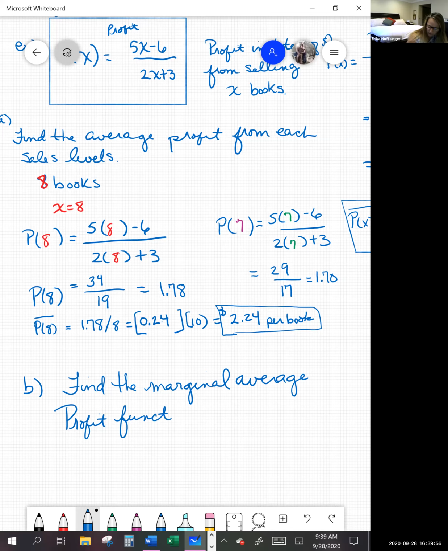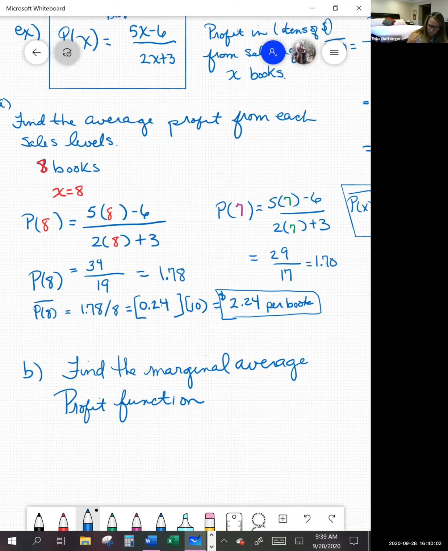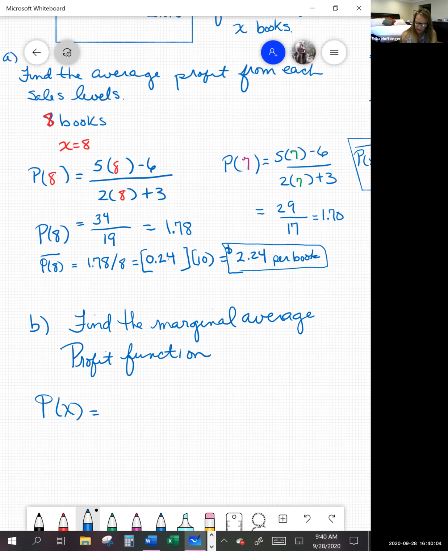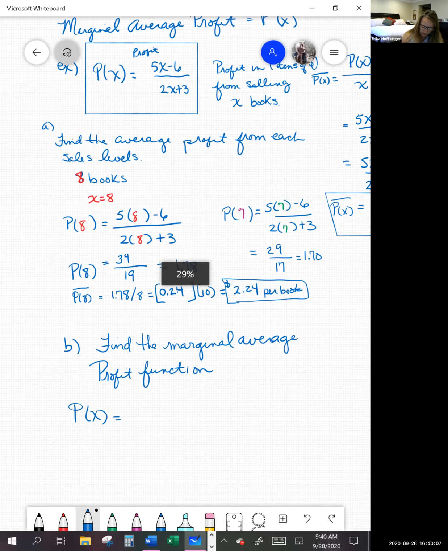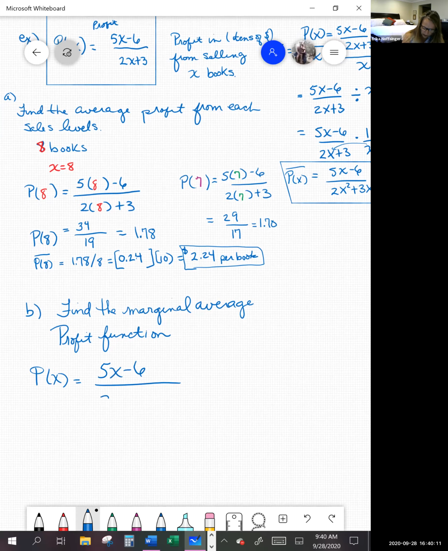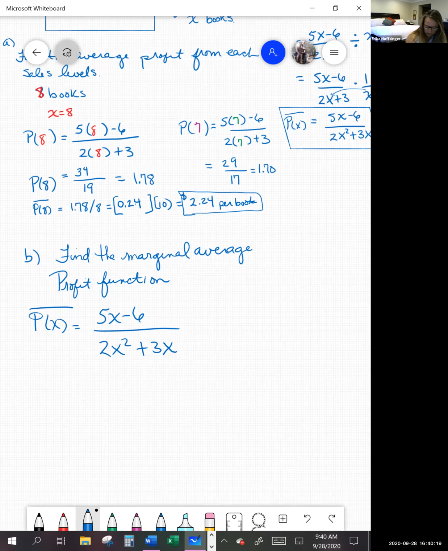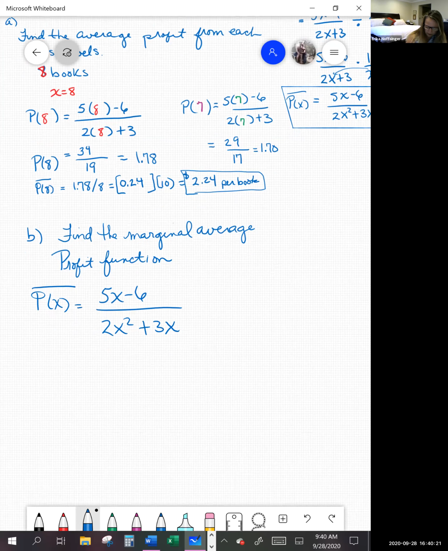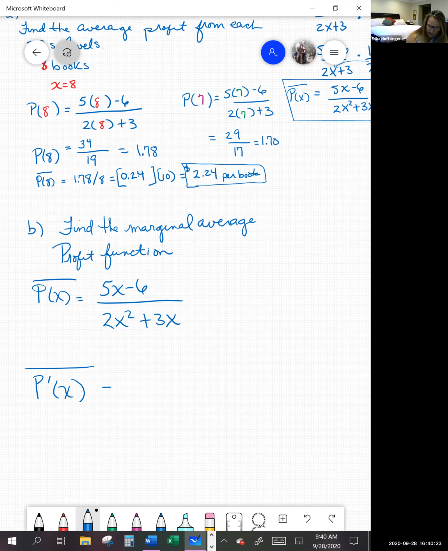So we found the average profit, and that was our original, the 5x minus 6 all over 2x squared plus 3x. So we need to find the derivative of this. So we need to use the quotient rule.